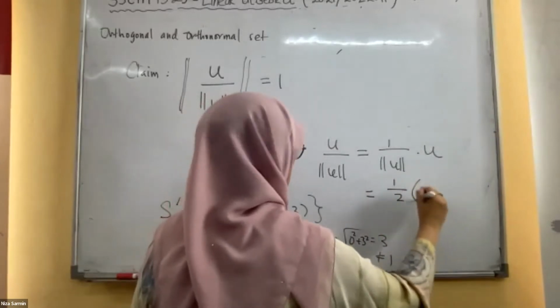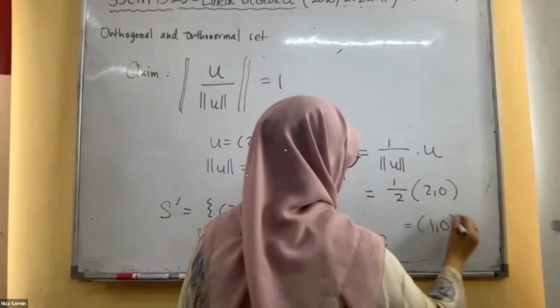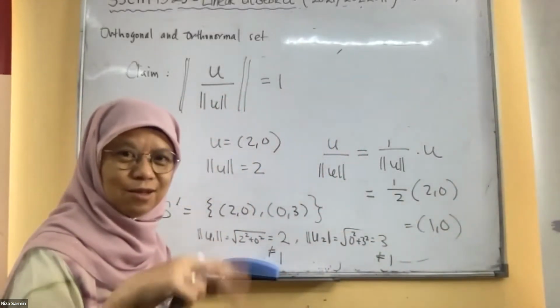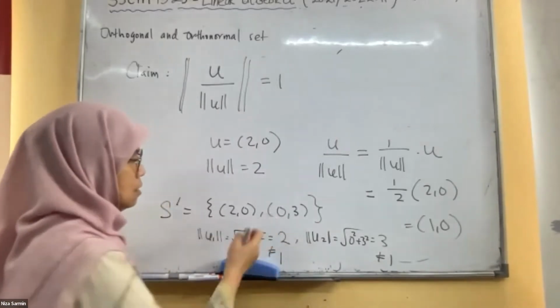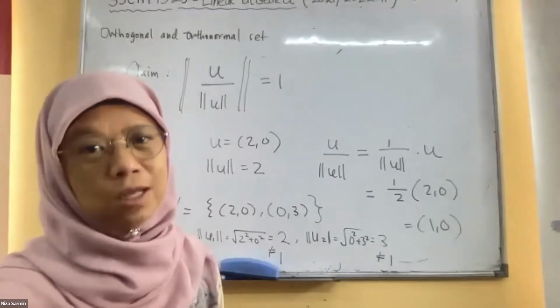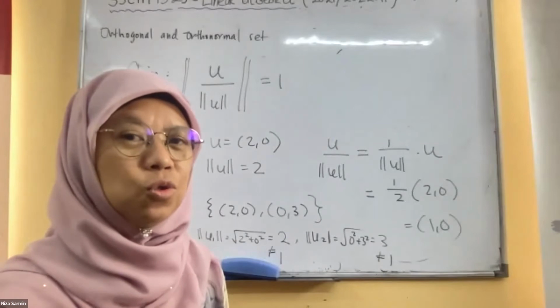The norm is 2, and you get 1, 0. Then the norm equals 1, right? And this one, the norm is 3, you divide by 3, then you will get 0, 1. Okay, so this is how you make it orthonormal.